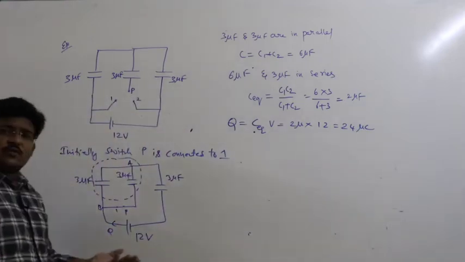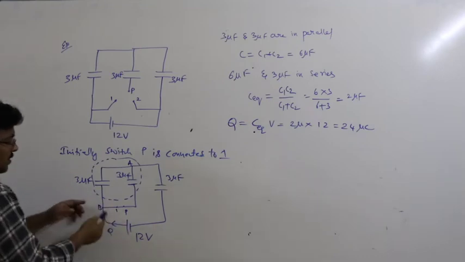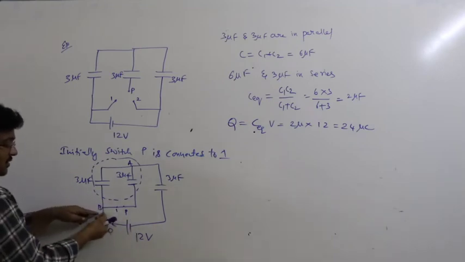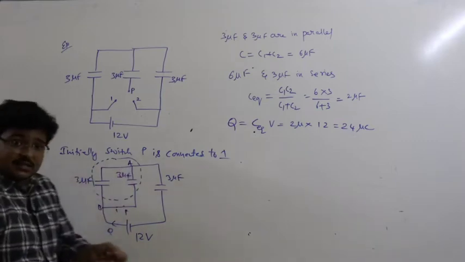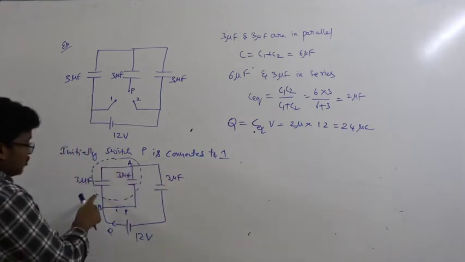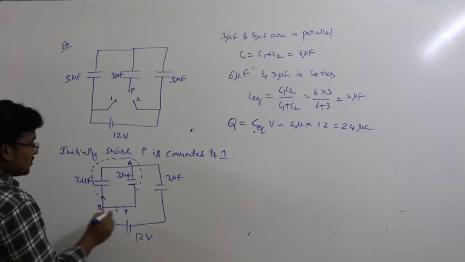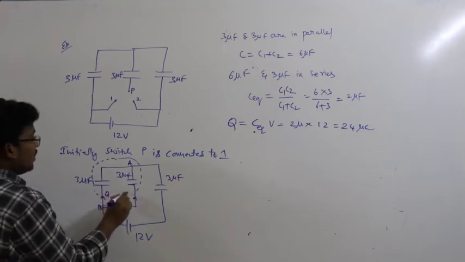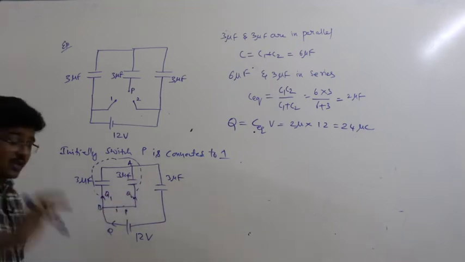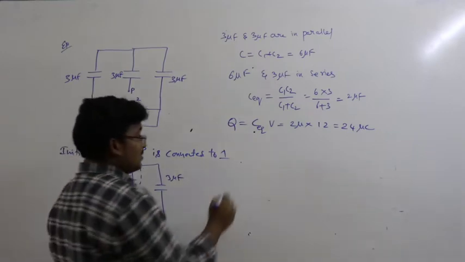So here you can find out: this charge will start like this and has to split because it is a parallel. Now through these capacitors it is Q1 and Q2, and you know that these two are equal capacitors.